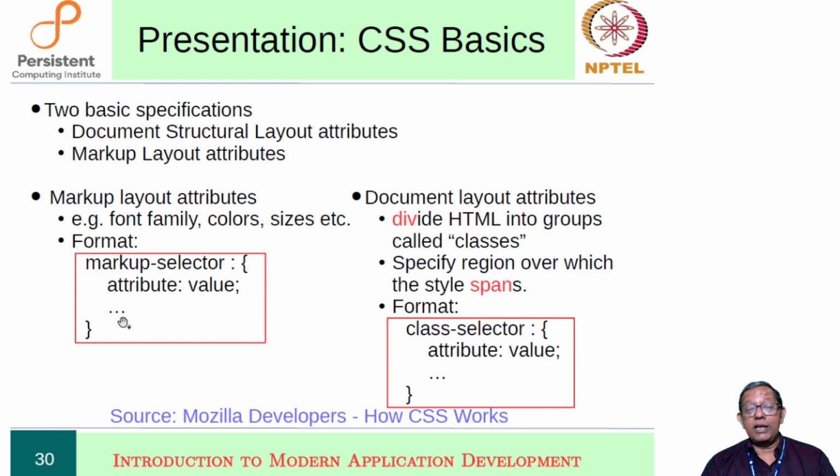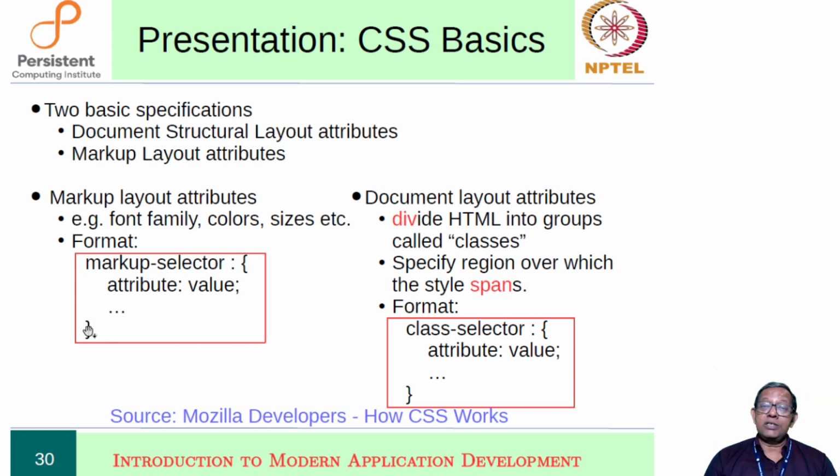This list is all that you really write. So for example, one might write H1 colon brace, font family, whatever font you want, font size, whatever size you want, and so on and so forth, and close it.